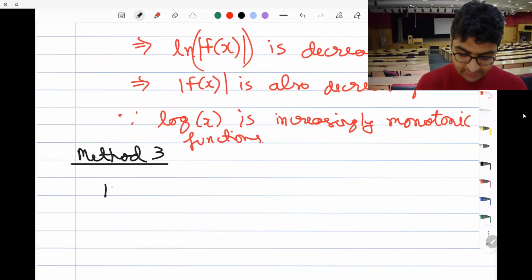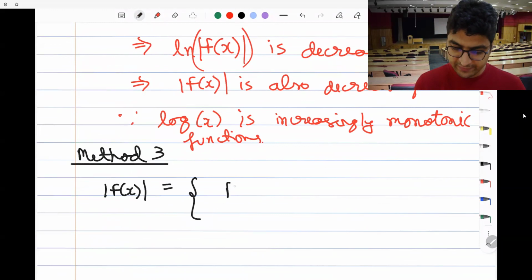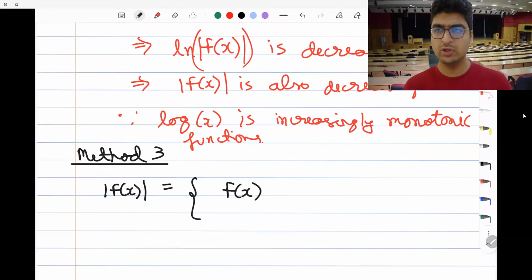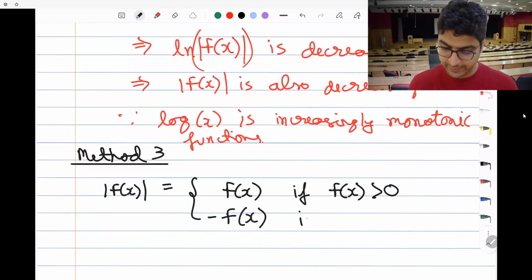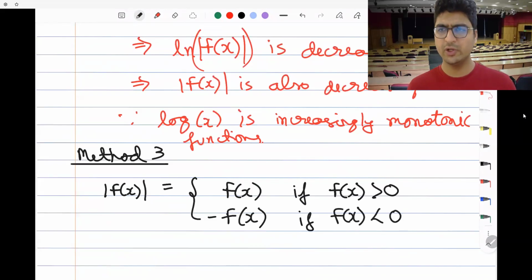If you talk about mod f(x), so mod x, what is it? Mod x is x if x is positive, and it is minus x if x is negative. So similarly, mod f(x) will be f(x) if f(x) is positive, and it is minus of f(x) if f(x) is negative. Okay, or 0 at 0.